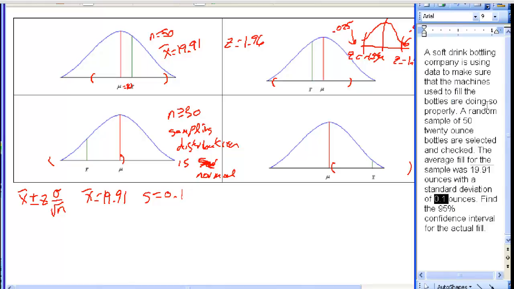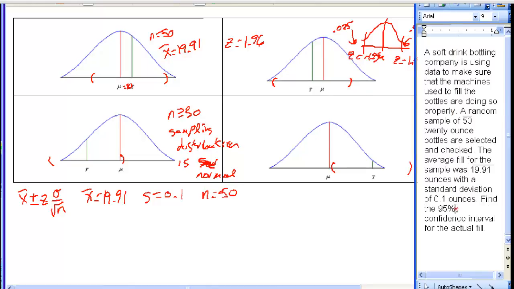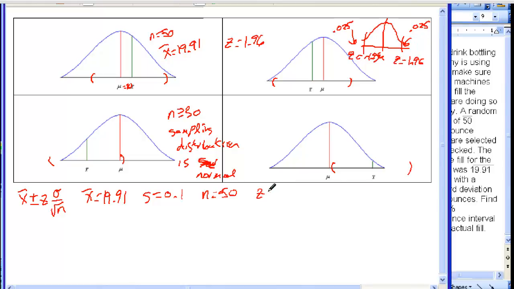The size of the sample was 50. If I'm supposed to find a 95% confidence interval, then looking this up in the normal distribution table, I can see that z would be 1.96.